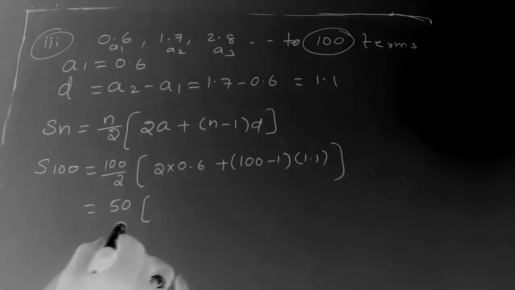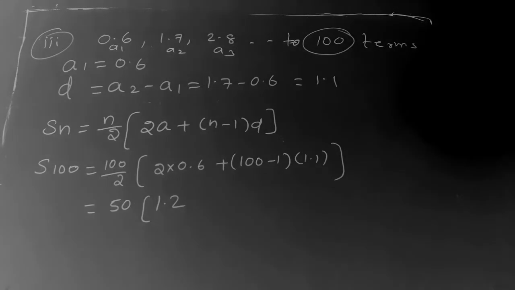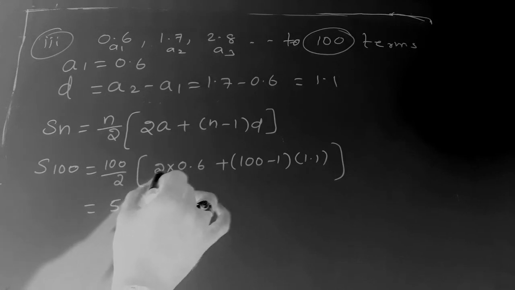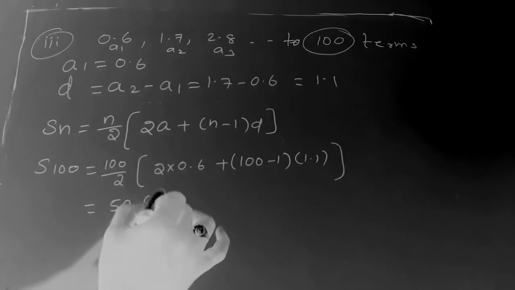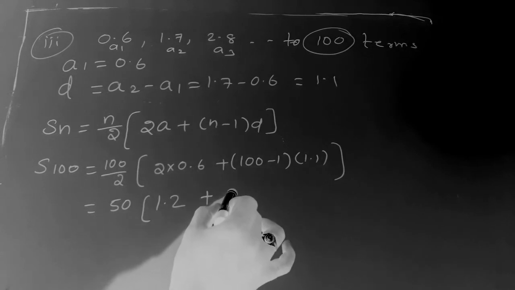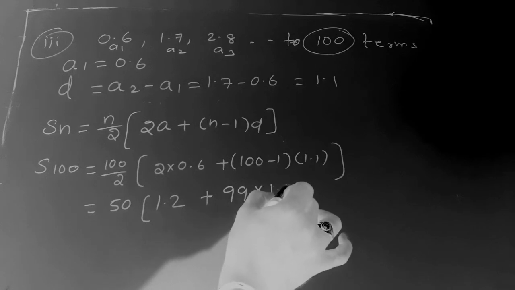So 2 times 0.6, 6 twos are 12, the point is there, put a dot, so 1.2. Here, 100 minus 1 is 99 into 1.1.